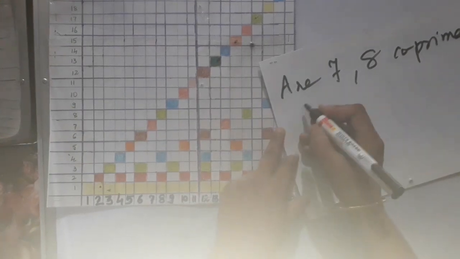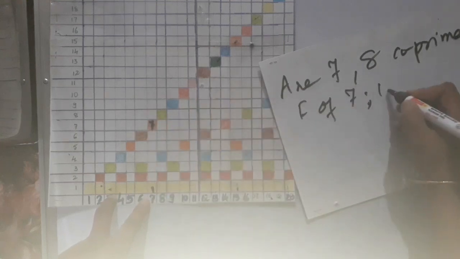Say one more question. We want to check whether 7 and 8 are co-primes or not. Then we need to find out which are the factors of 7 and which are the factors of 8. So factors of 7 are 1 and 7.